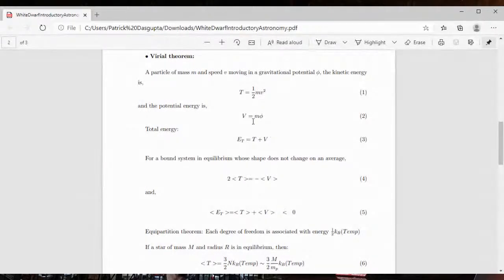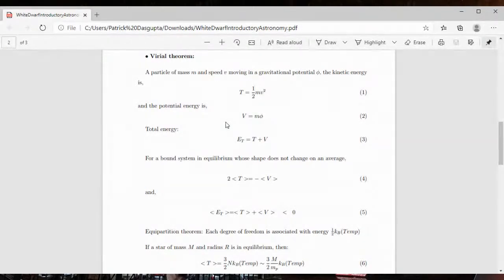So a particle of mass small m would have gravitational potential energy m times phi, or minus G capital M multiplied by small m divided by d, if it is at a distance d. Therefore, the total energy of this particle will be its kinetic energy plus its potential energy.